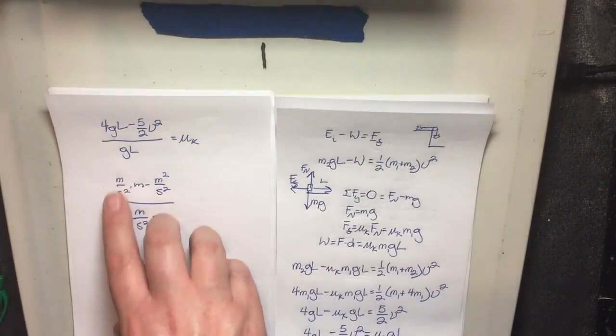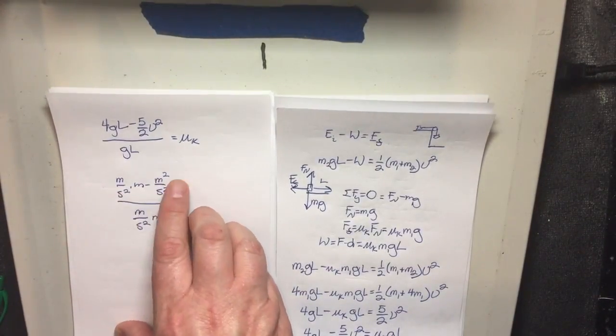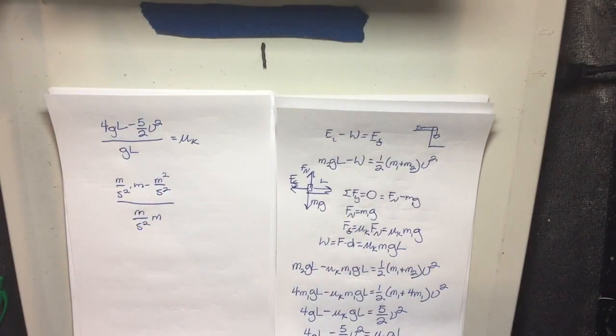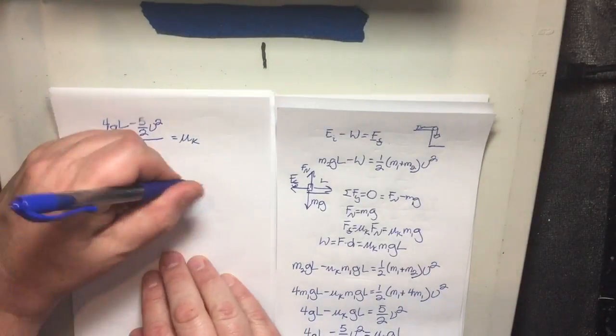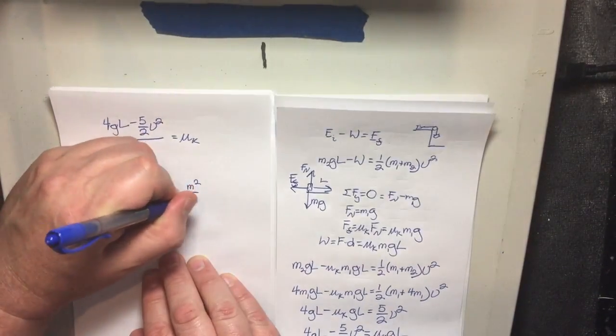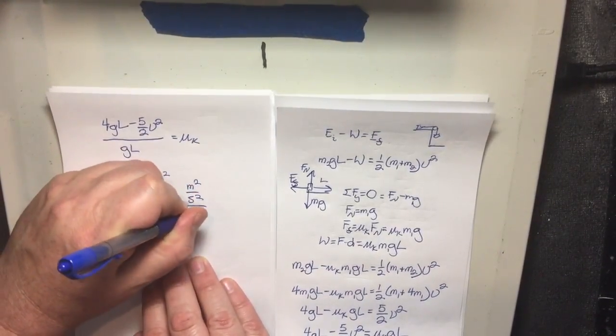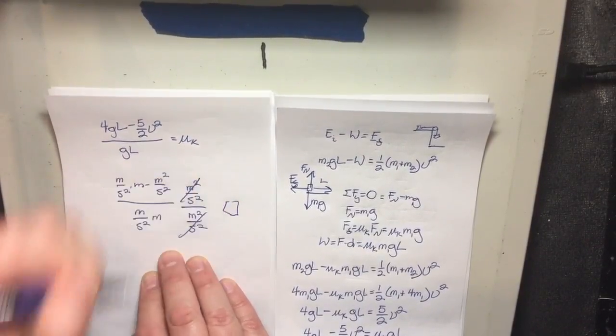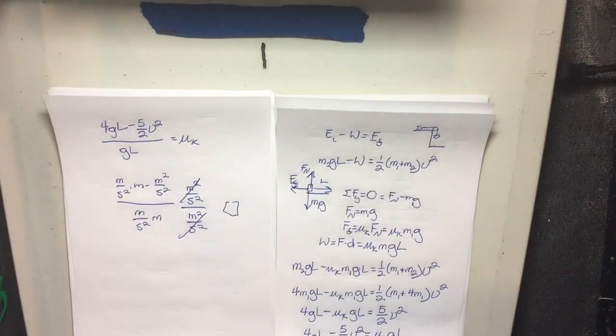So you've got meters squared per second squared minus the same thing divided by the same thing. All the units cancel, which gives you no units, which is exactly the units that you need for coefficient of friction.